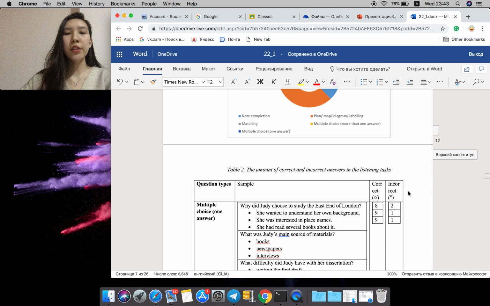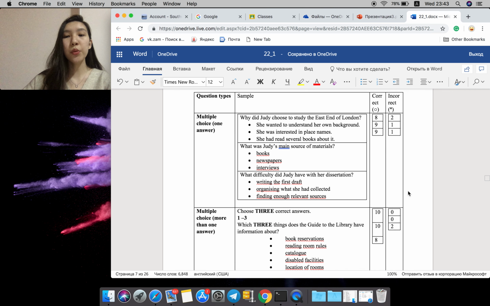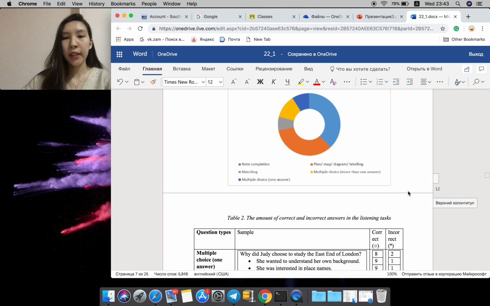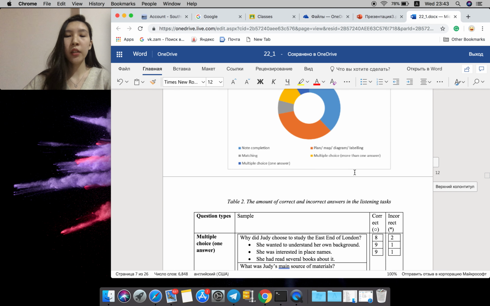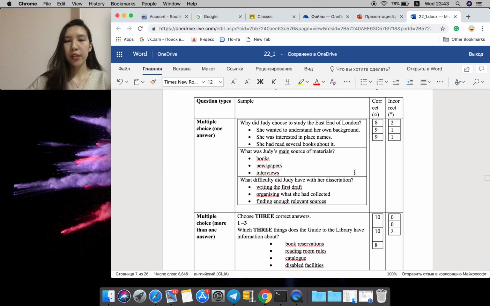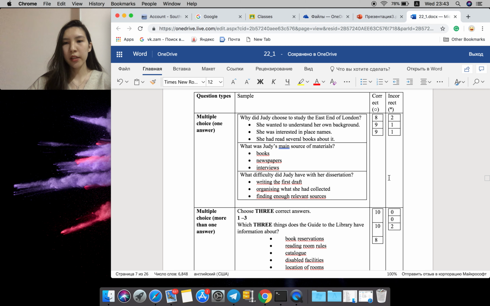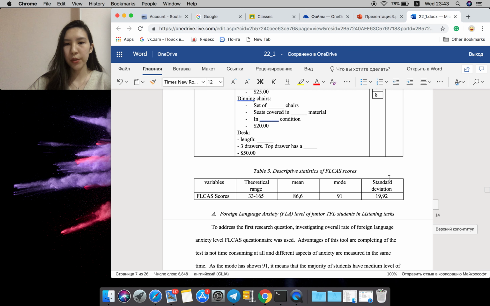Here I also counted the number of correct and incorrect answers in the listening tasks, and came to the conclusion that again plan, map, diagram, labeling, and note taking were the most difficult tasks, whereas multiple choice and matching were the easiest. As you can see, pie chart number 1 and table 2 are really interrelated. Here you can see some questions and the number of correct and incorrect answers.